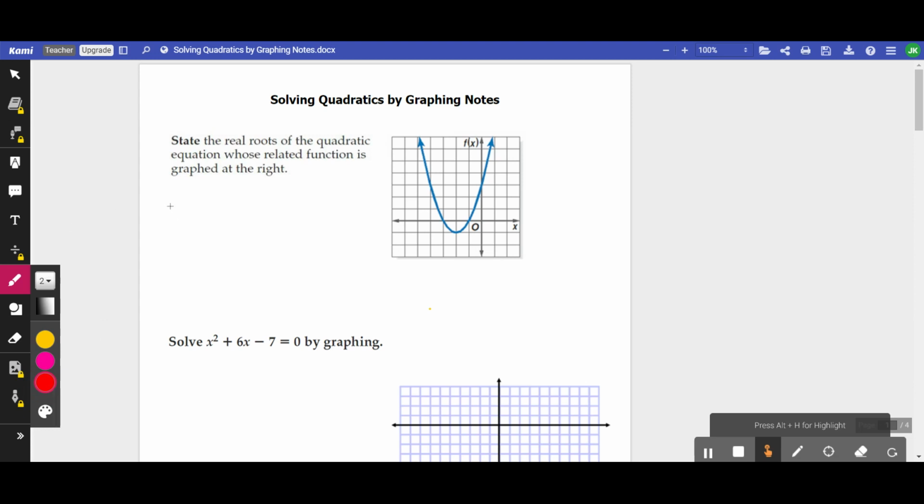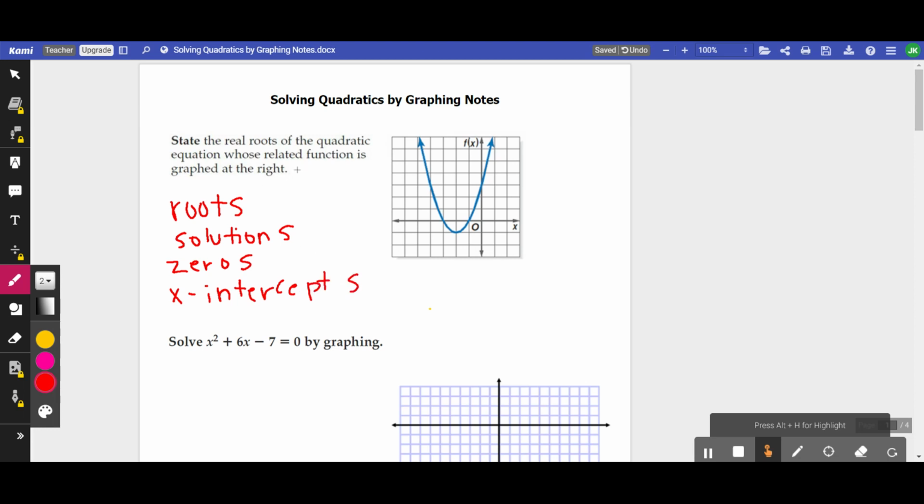They could call them the roots, solutions, zeros, or the last name they would have for them would be x-intercepts. These are all different names talking about the same thing.